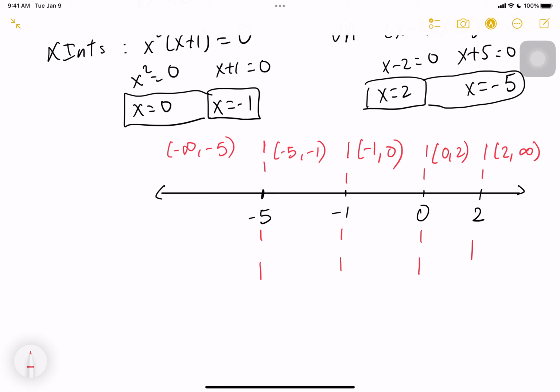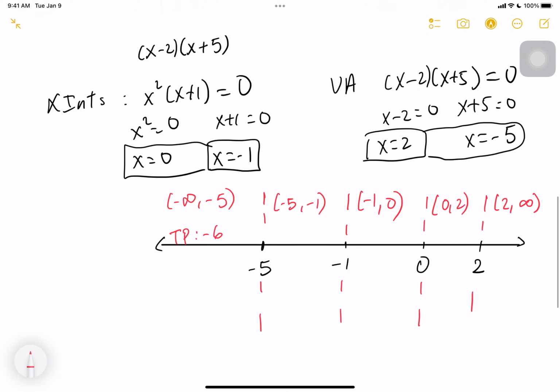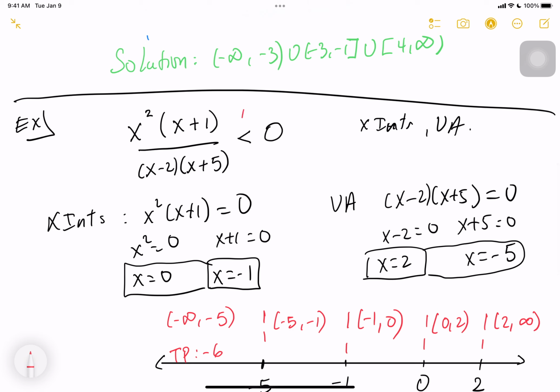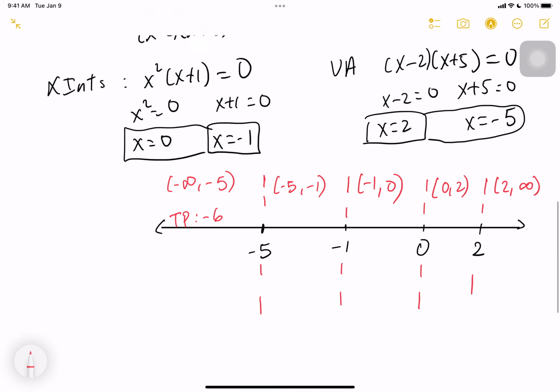So now that I have this right here, I can go ahead and test each region. So I take a number and I use it on the graph itself. I need a number between negative infinity and negative 5. Say a test point of negative 6. You take negative 6 and you plug it into the equation and you check to see if the inequality is true.